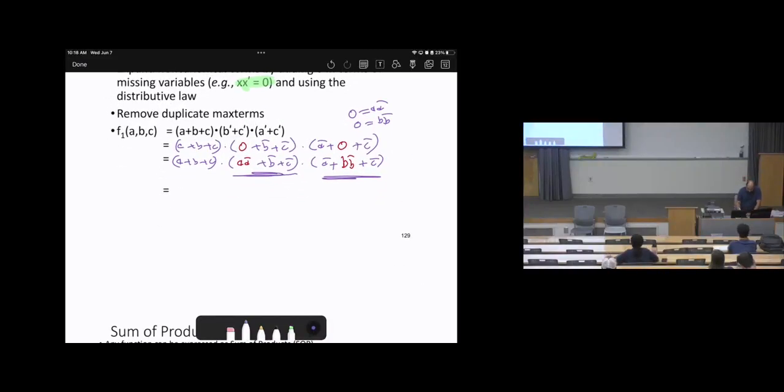You can simplify, take it as a rule from Boolean algebra. A bar plus B bar plus C bar can be simplified to be A plus B bar plus C bar times A bar, let me do it again. I need to make sure I'm doing it the right way.